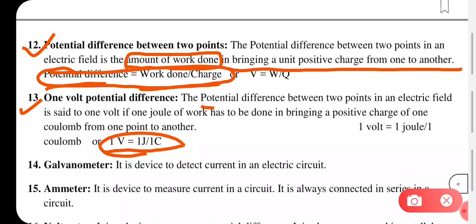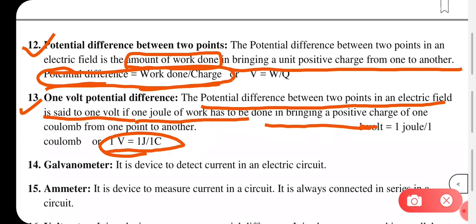So potential difference between 2 points in an electric field is said to be 1 volt if 1 joule of work is done to bring a positive charge of 1 coulomb from one point to another. Fine. So you need to remember this. Potential difference is work done upon charge.